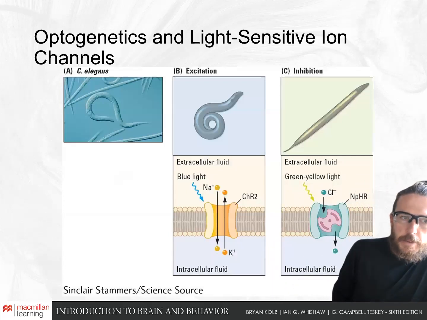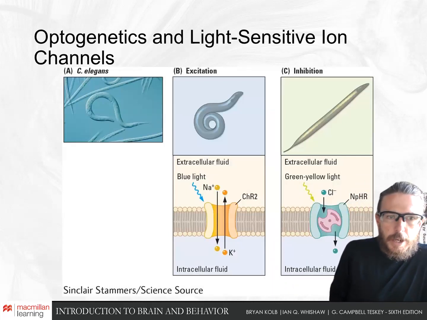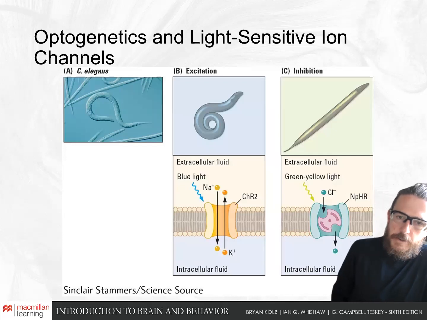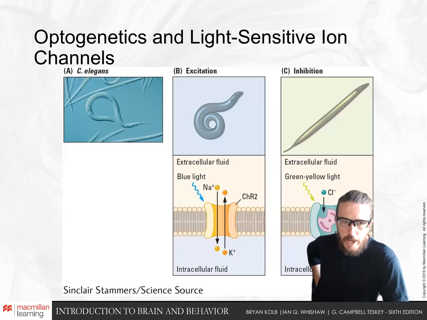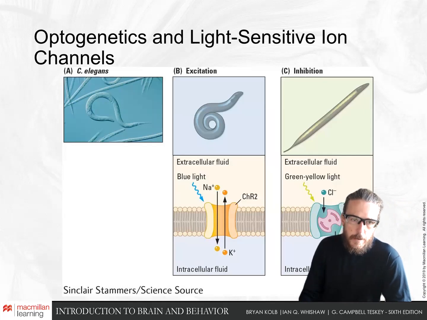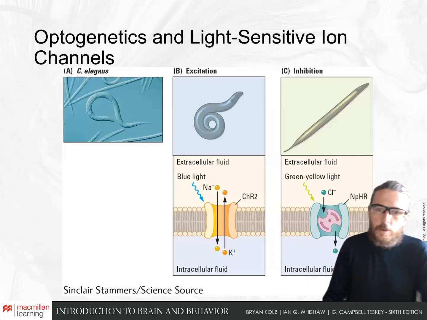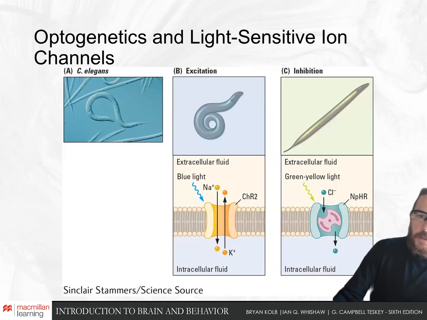Optogenetics is an example of that, how neurons in these two types of animals have developed really interesting adaptations in which they are activated or they change their resting membrane potential by the influx of light. So here, blue light opens up a sodium-potassium channel, or green-yellow light can open up this chloride pump and inhibit the cell.